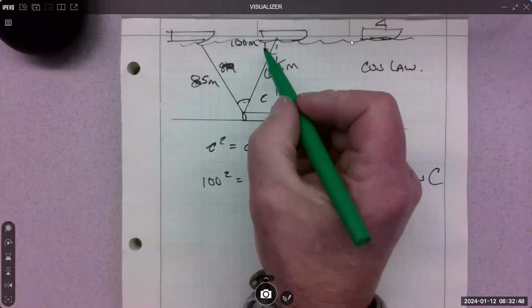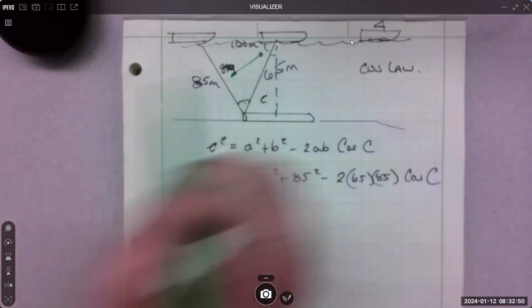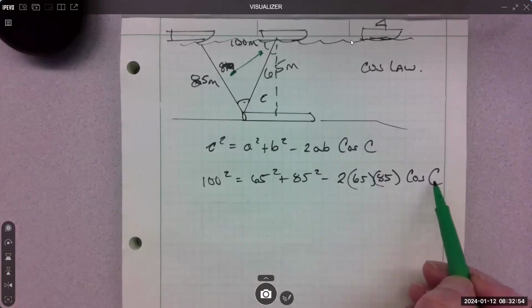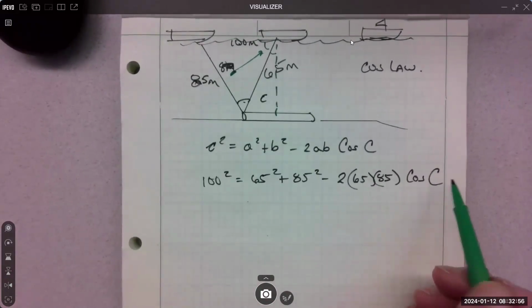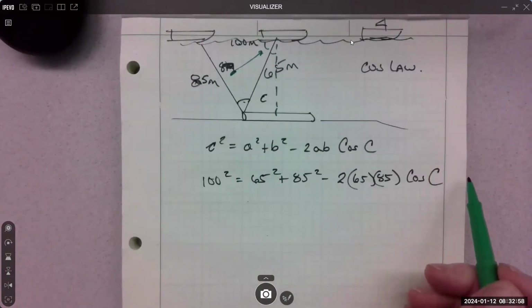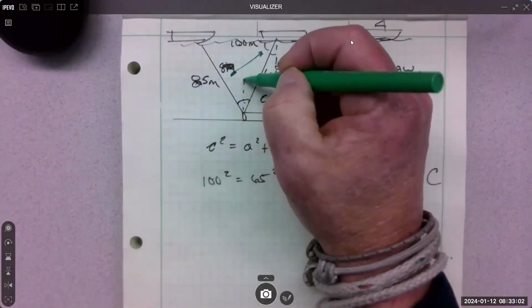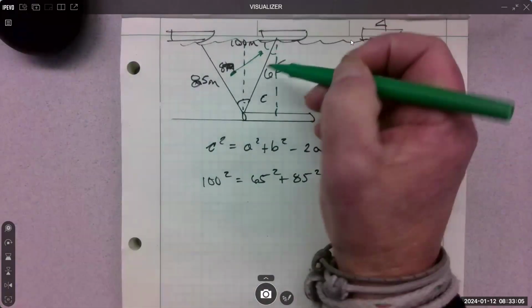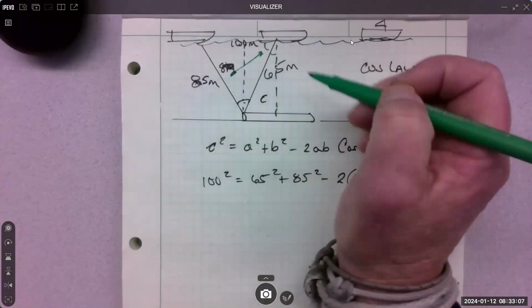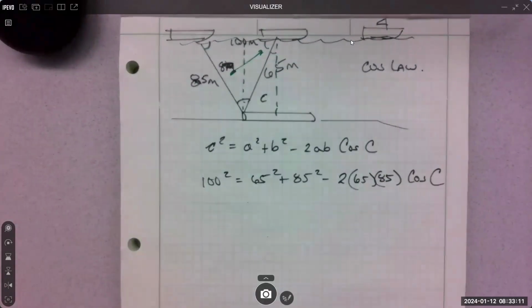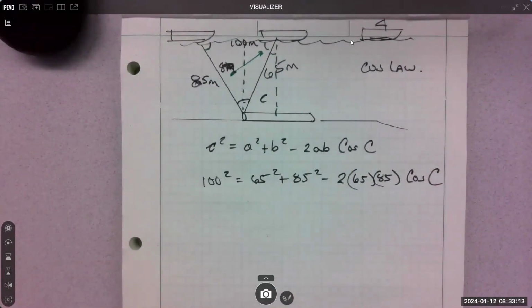Did you do the cosine law with these two, the 85 here, and find the opposite angle? Anyone else do it that way? I did it differently. What angle did you go for? This one? It's the same kind of strategy, right?